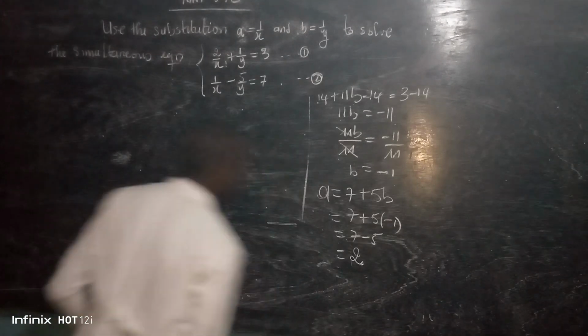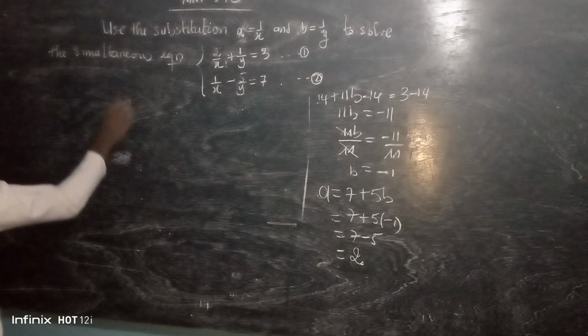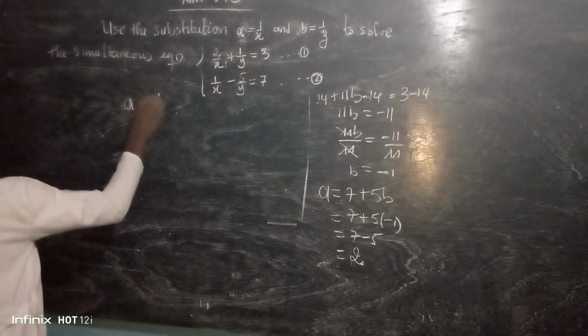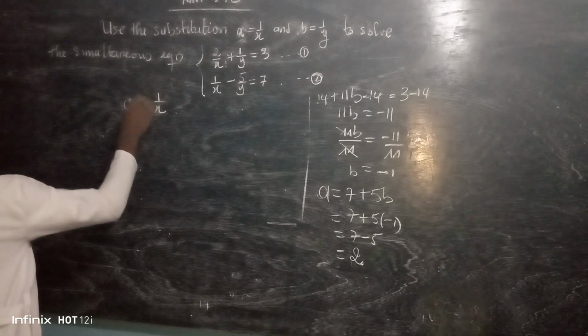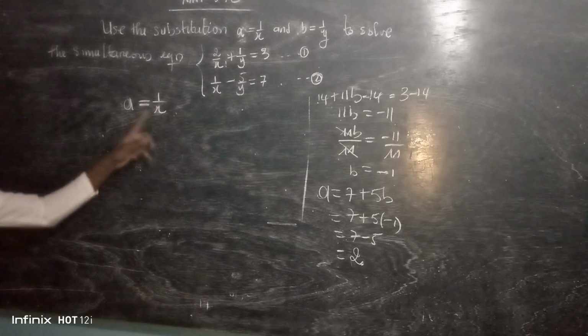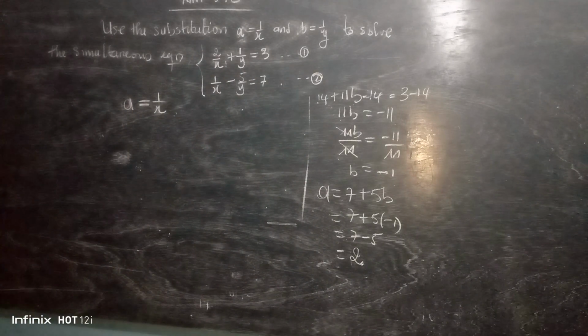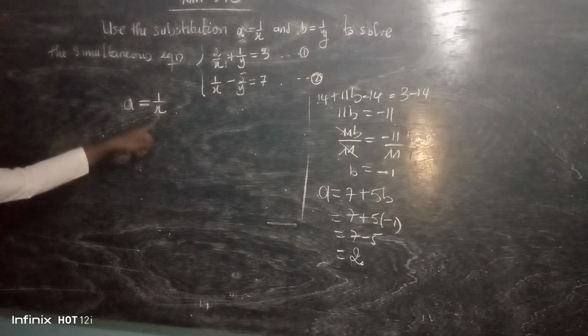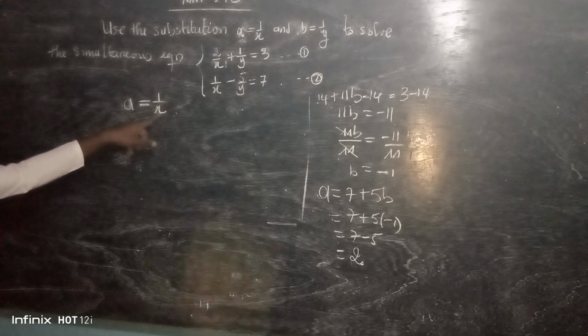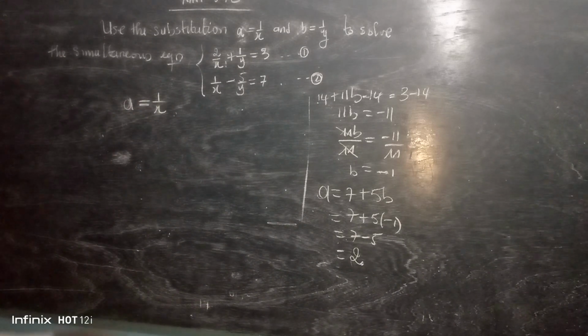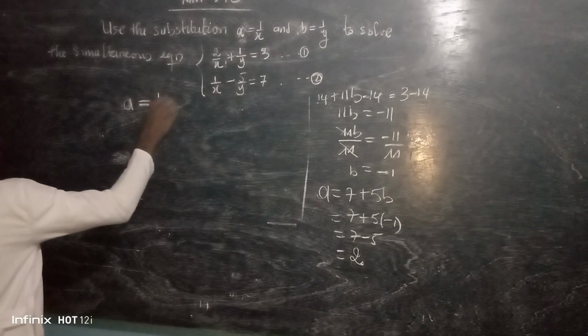So we have in the equation, a equals 1 over x. We said that we have to solve for x, right? How do we solve for x here? The first thing is to clear fractions, right? Since here is divided by x, I'll multiply both sides by x.